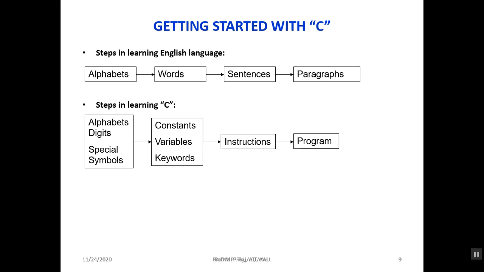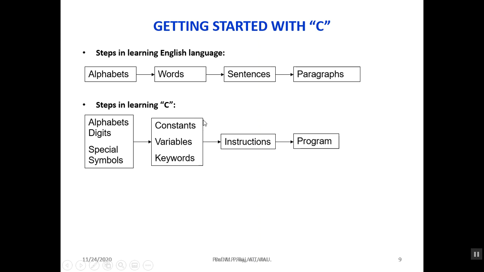We know that in the English language we have alphabets, words, sentences and paragraphs. Same way in C language we have a character set, which comprises alphabets, digits and some special symbols. Using this character set, we create constants, variables and keywords. These are all known as identifiers. We can create many more things, so they are known as identifiers.